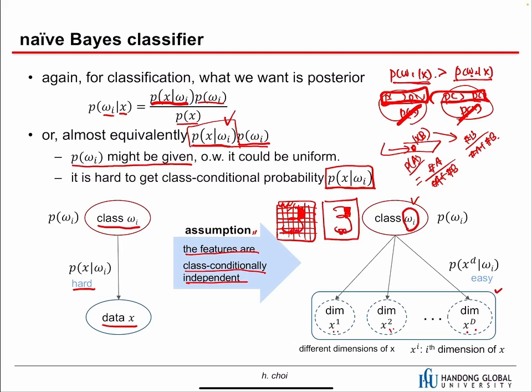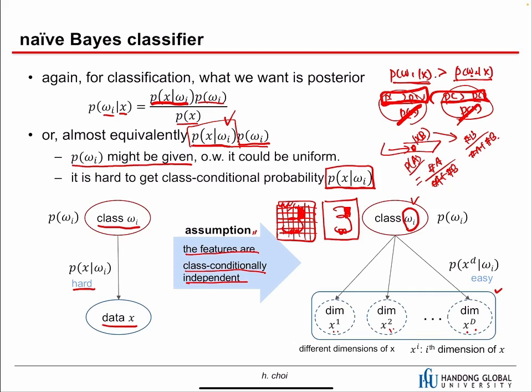So there is correlation, there is dependence between the pixels. Okay, so this assumption doesn't work in this case. That's why when we apply the naive-Bayes classifier to MNIST classification, it doesn't work at all.